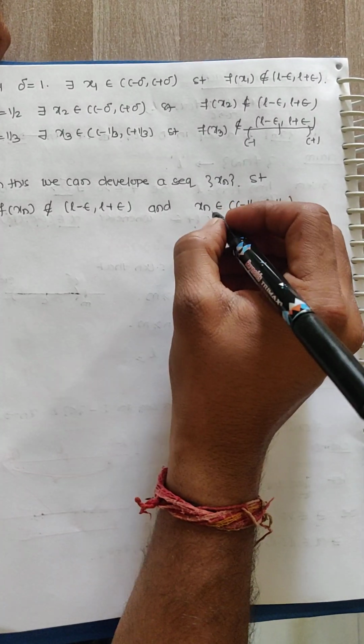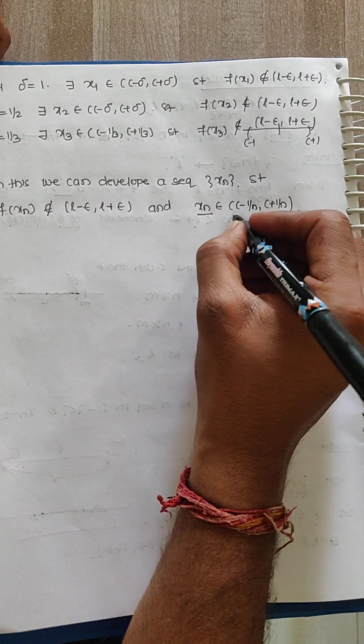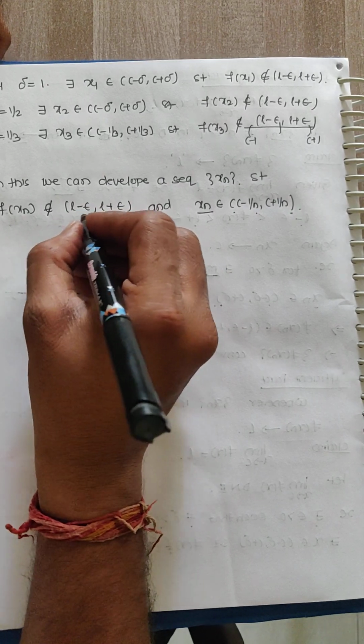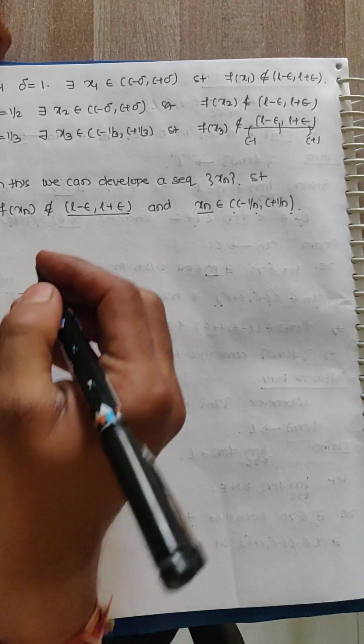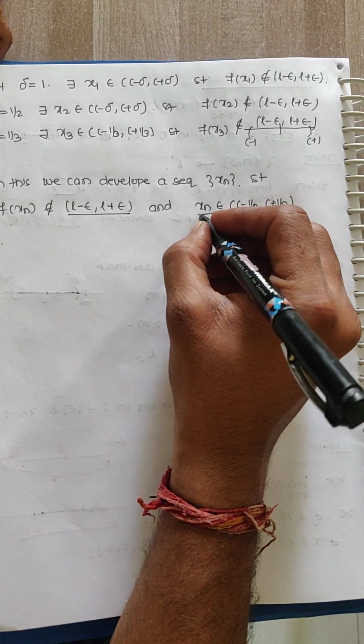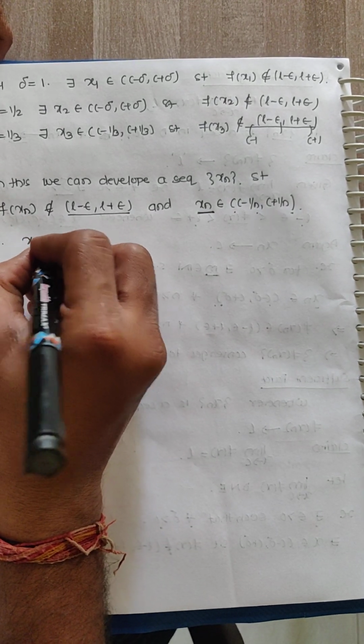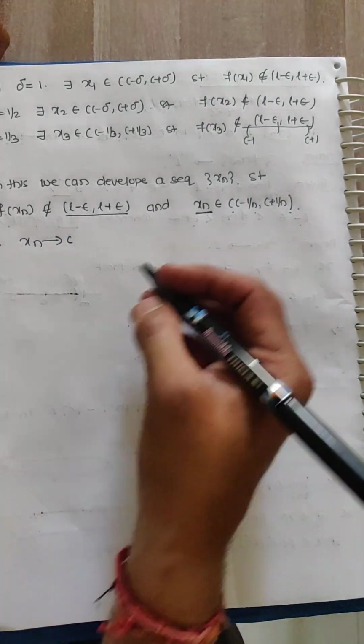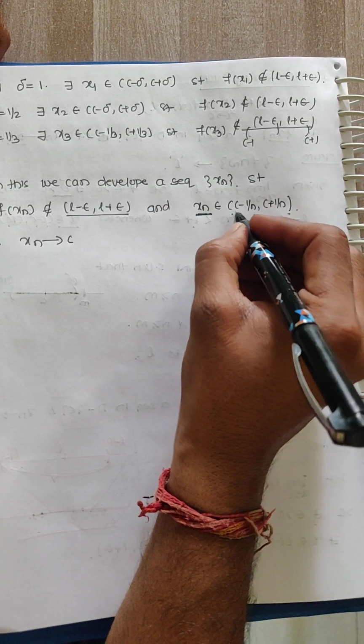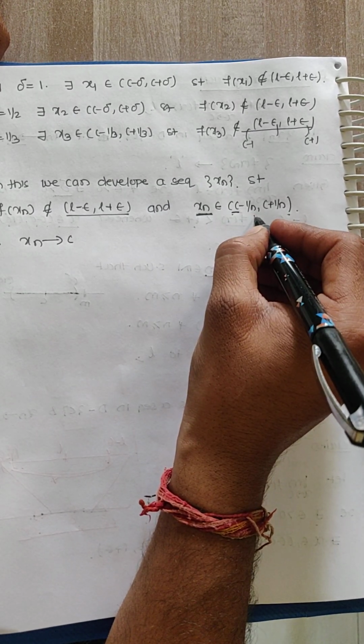So we have a sequence xn in this interval such that f of xn does not belong to this. That implies we can easily see that xn converges to C, because the distance between xn and C is less than 1 by n.